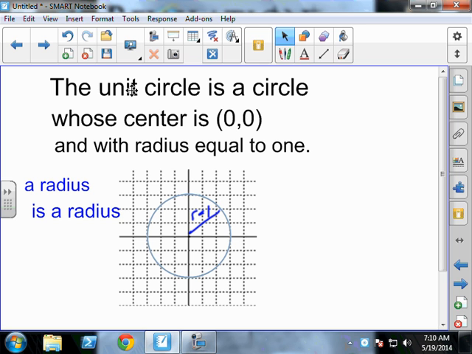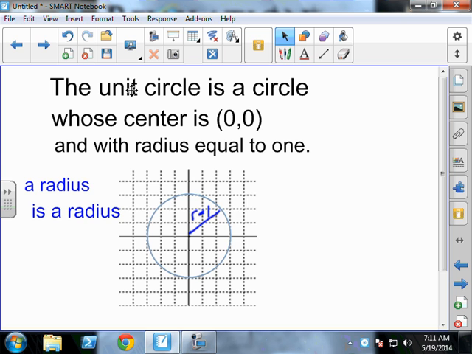And also because a radius is a radius, we're going to be dealing with some special right triangles. We're going to go back to geometry for a minute and use a little bit of the Pythagorean theorem and all that.